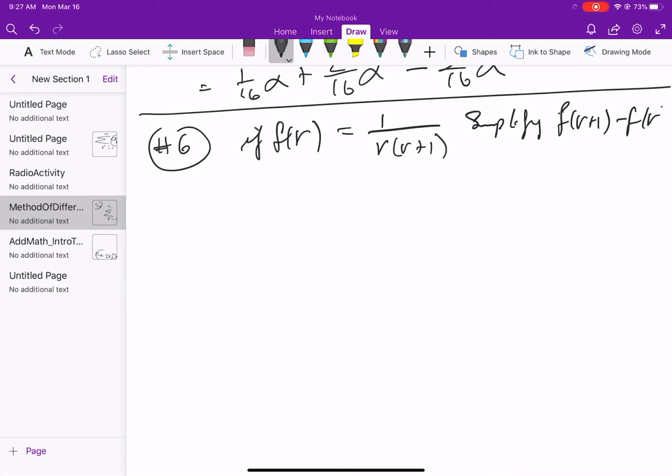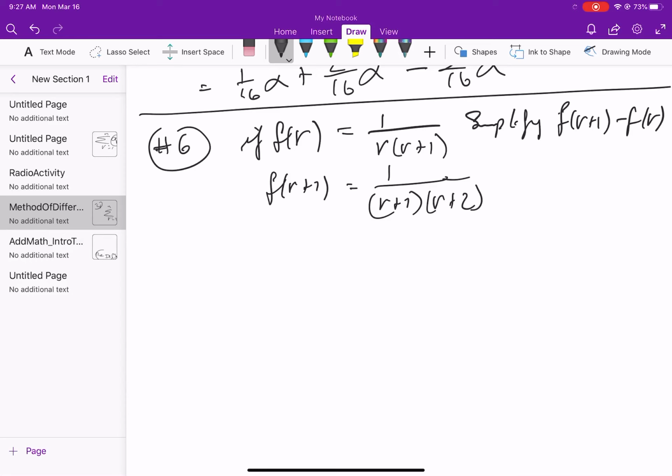Now that's interesting, because if the expression for f of r is 1 upon r into r plus 1, then to get the expression for f of r plus 1, you simply replace r with r plus 1 wherever you see r. So f of r plus 1 should be an expression like 1 over r plus 1 into r plus 2.